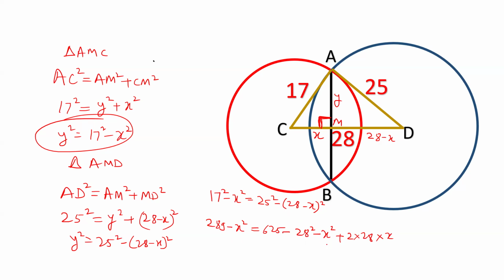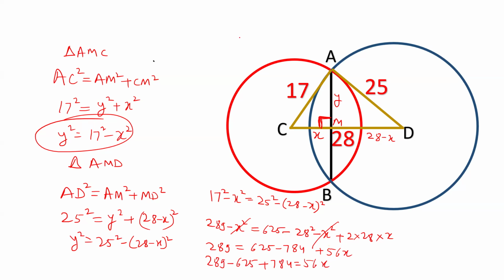Now this is minus x square, this is also minus x square, so this cancels out. 289 equals 625 minus 784 plus 56x. So 56x equals 289 minus 625 plus 784.